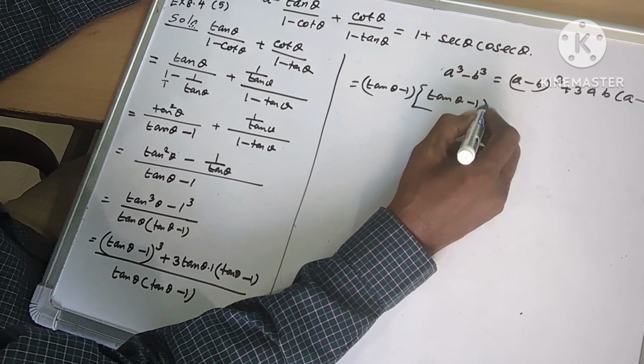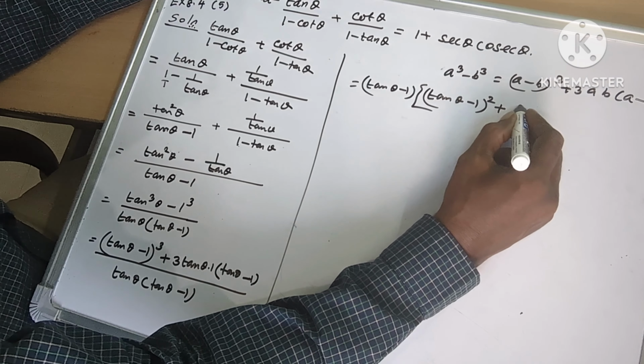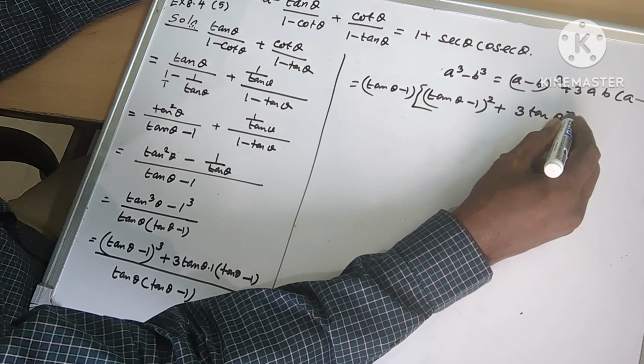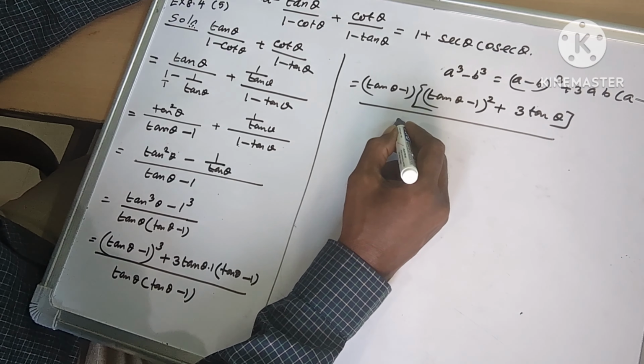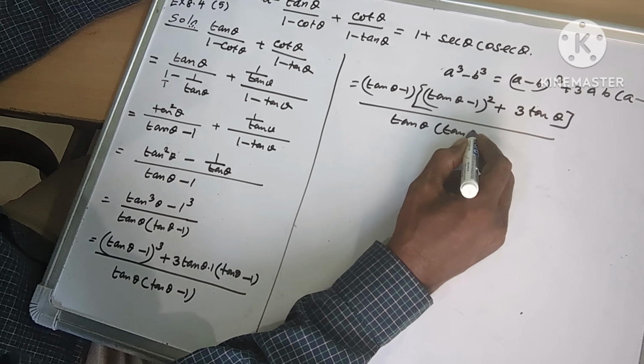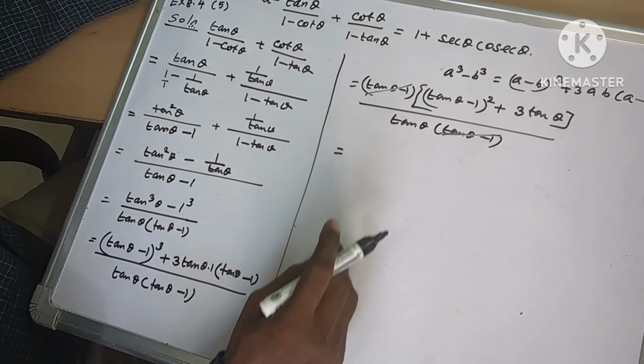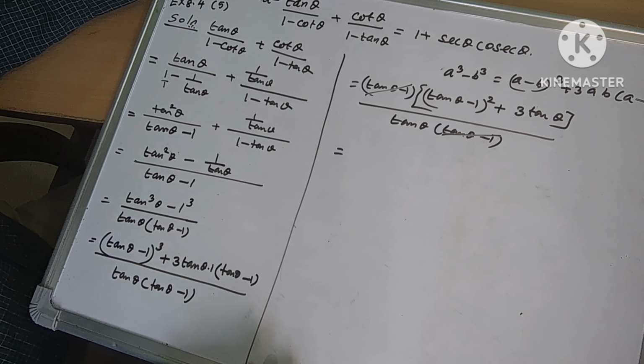So remaining here is tan theta minus 1 whole square plus 3 tan theta by tan theta into tan theta minus 1. This tan theta minus 1 is cancelled now. So the numerator is tan theta minus 1 square.